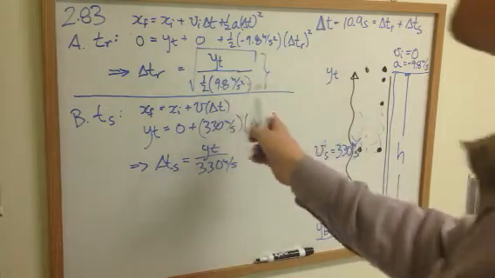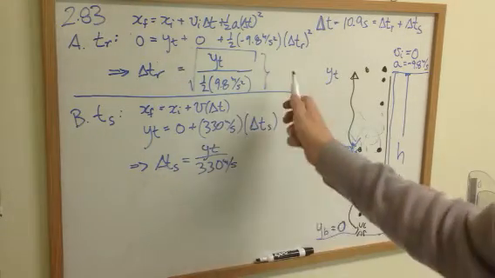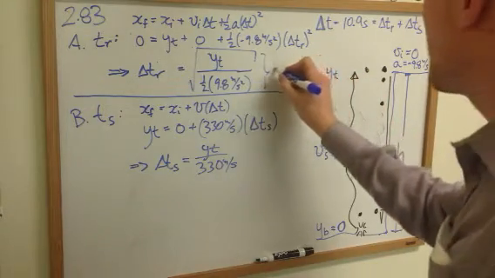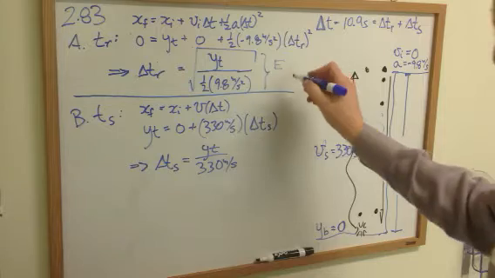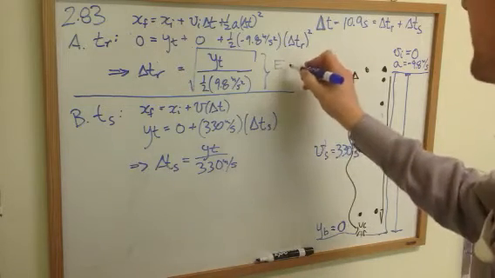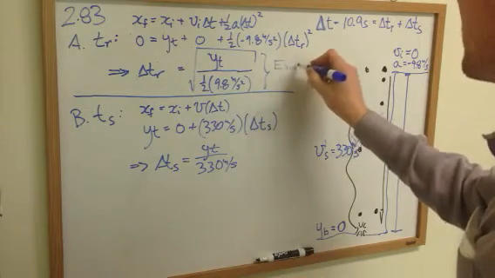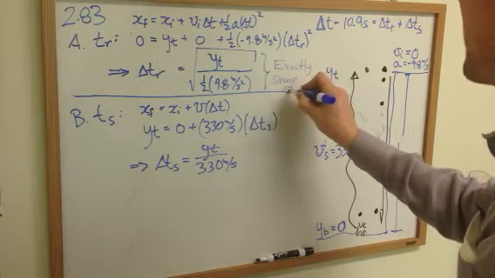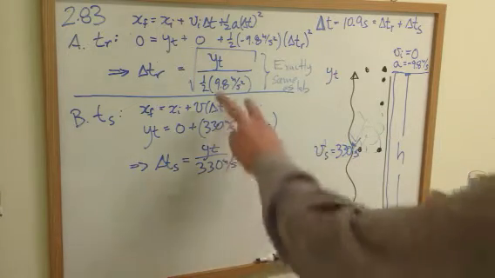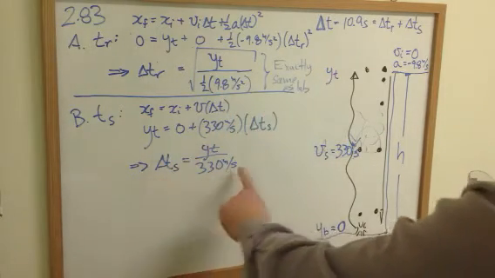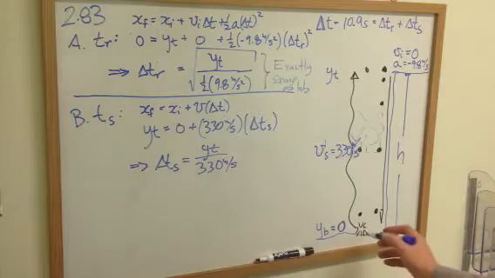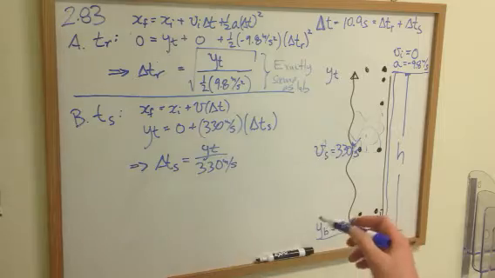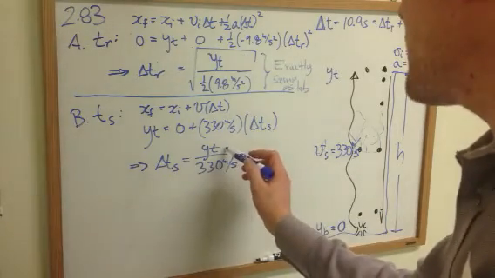This was how long it takes the ball to fall out of the gun. Exactly the same expression. And this is the expression for how long it takes the sound to come up from the bottom. The only problem is we don't know this height.